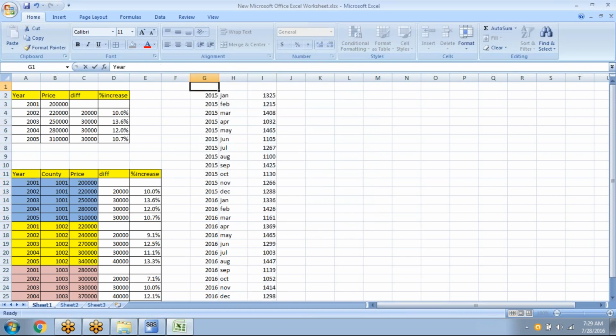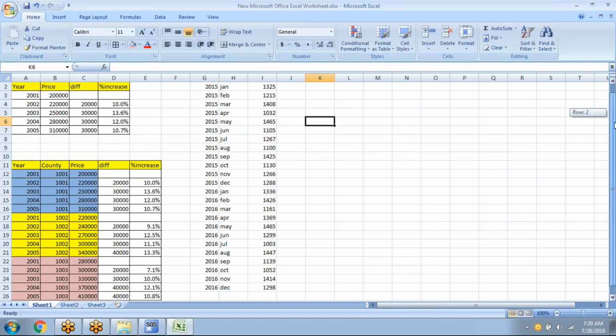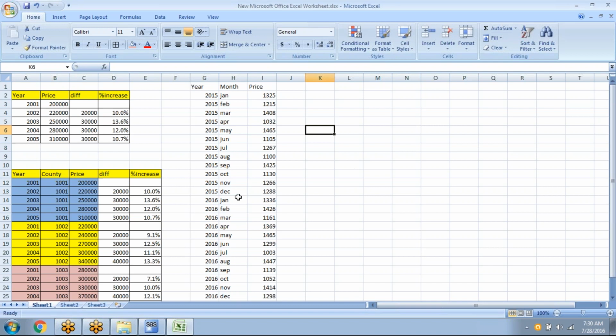So let's say this is year, this is month. Now this is, let's say, some price. Now if I ask you what is the percentage increase in 2016 Jan month when compared to last year the same month.